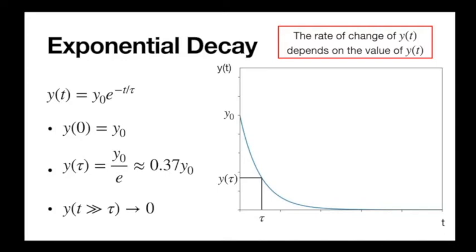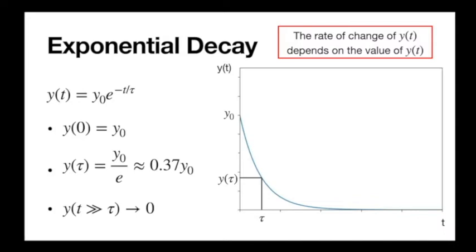E to the negative 1, or anything to the negative anything, is just 1 over e to the 1, or 1 over e. 2 to the negative 4 is 1 over 2 to the 4. 10 to the negative 1 is 1 over 10. That's how negative exponents work.